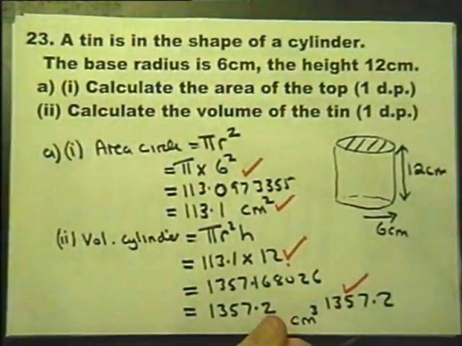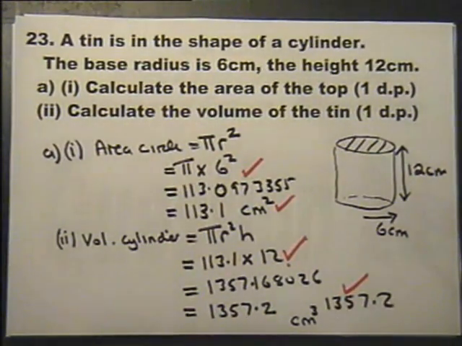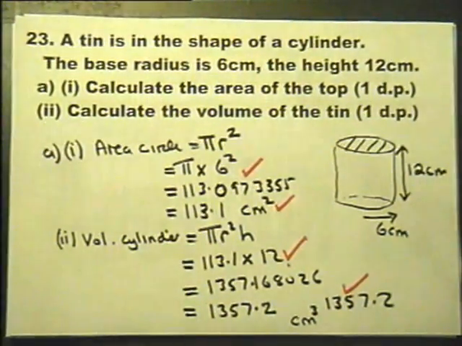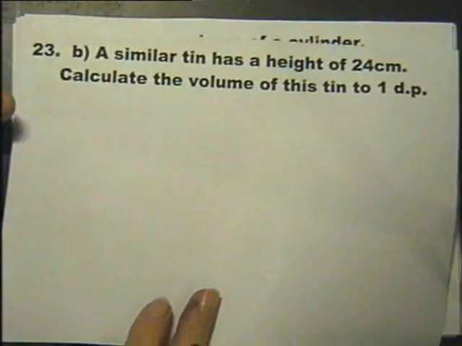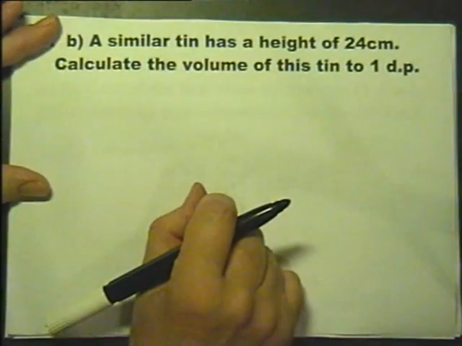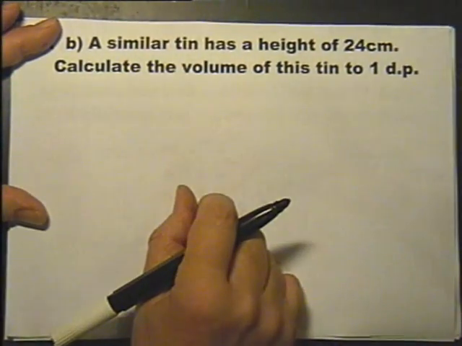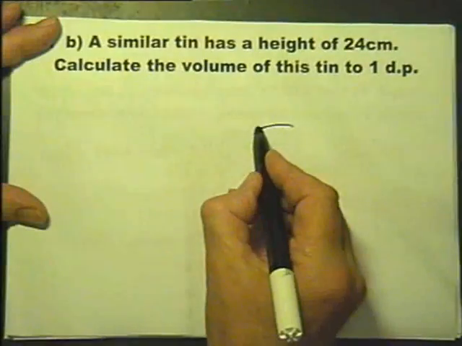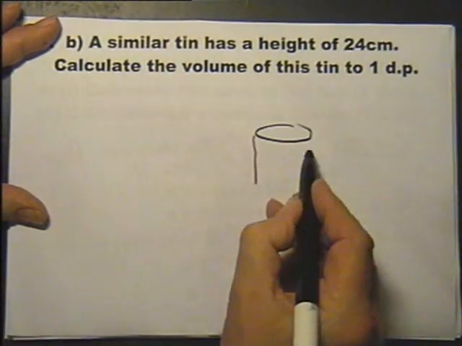So that's part A, but we've got a part B as well. So let's look at our part B. And we've got a similar tin. Now the word similar in mathematics is very important. Similar means an enlargement.